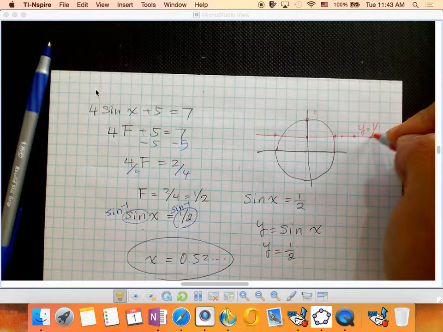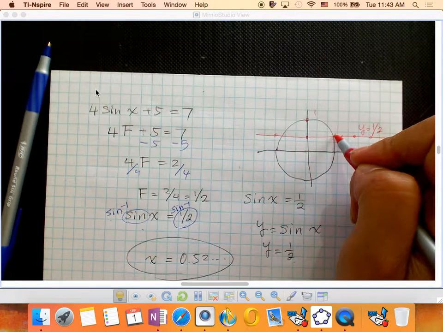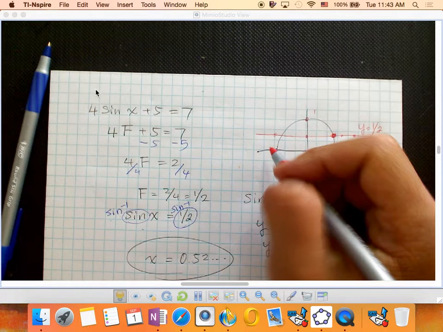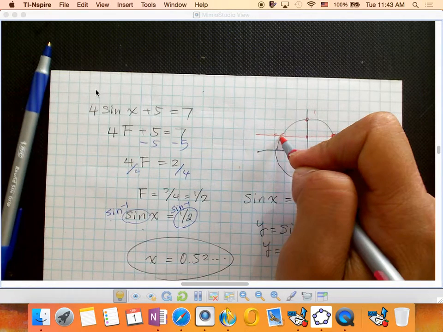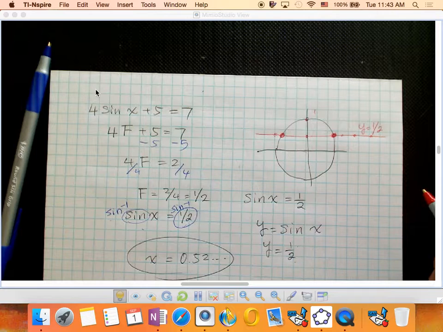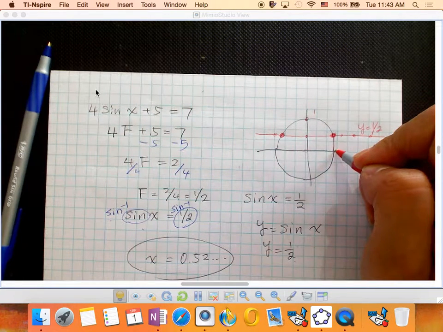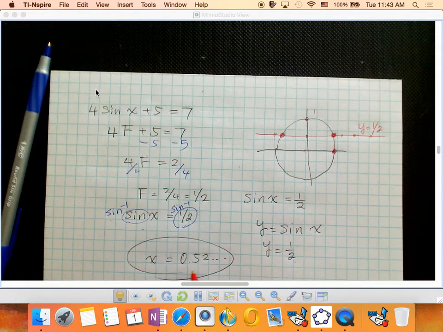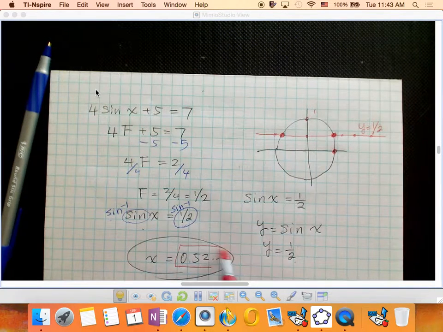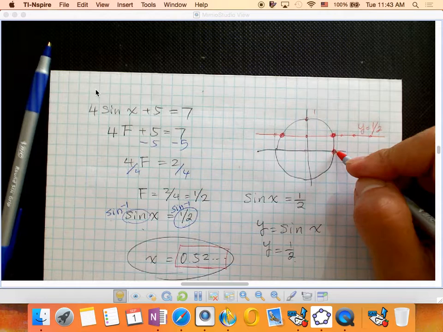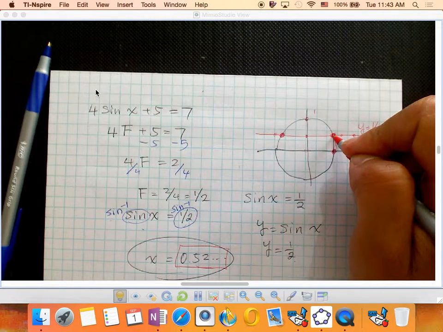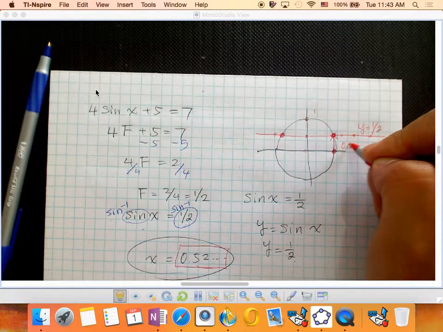That's the name of that line. If you look at it, this line hits the edge of the circle twice. So the one answer, or the distance, or radian, is 0.52, which means that the distance from the starting point right there to the first intersection is 0.52.